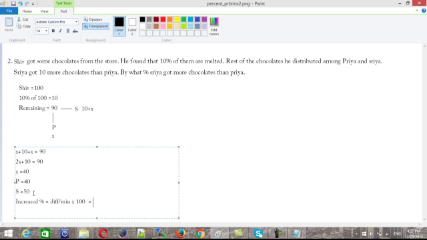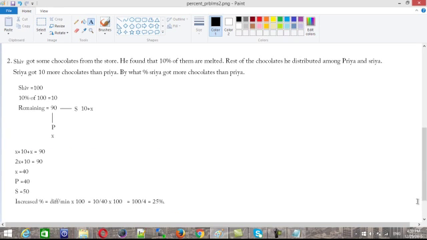Here the difference between the chocolates is 10 and the minimum value among these two values is 40. 10 by 40 into 100. If we solve this, we'll get 100 by 4, that is 25%. So Shriya got 25% more chocolates than Priya.